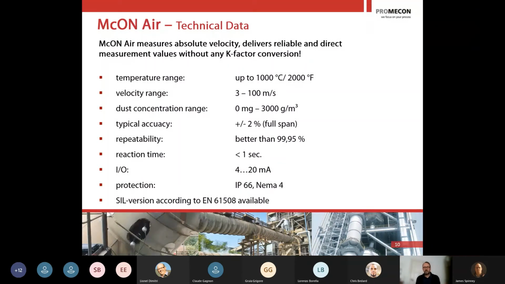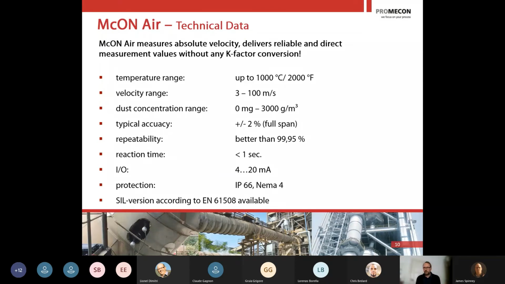Of course, if there are higher dust or water loads, then an additional protection should be feasible. We also have, as I mentioned before, an SIL2, safety integrity level 2, certified version of this measurement, which is used to measure the combustion air in power plants.